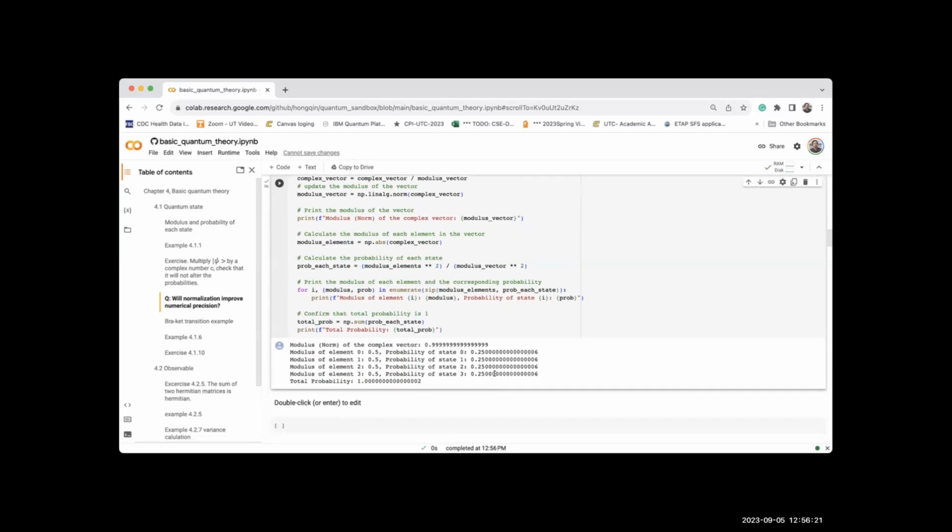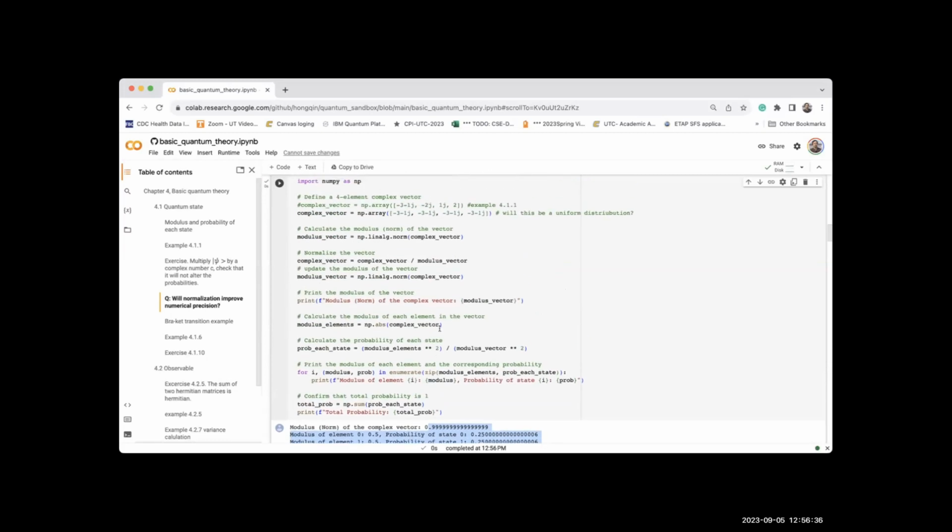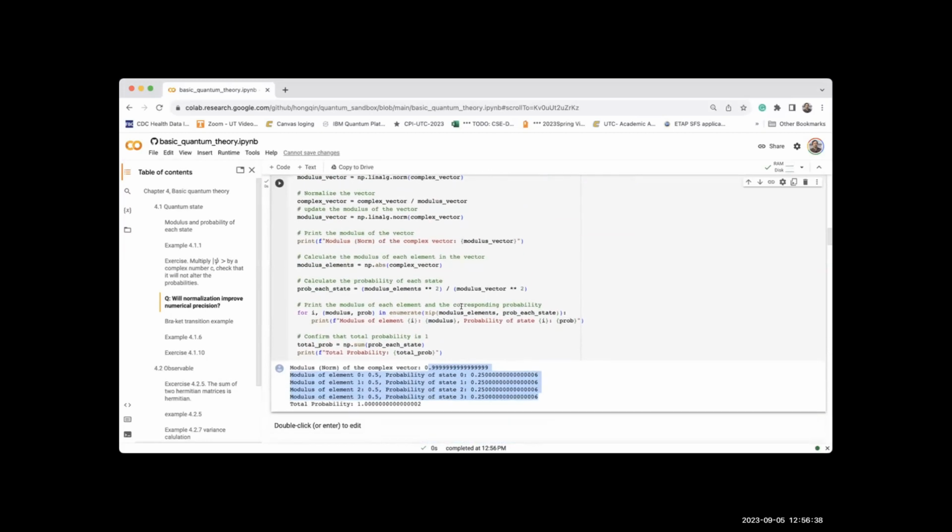Yay. Okay, very good. Although it's not a one anymore. That's interesting. Well, again, if we normalize that one, I bet we get one, I'm pretty sure. We also normalized this one. Oh yeah, we did. That's interesting.